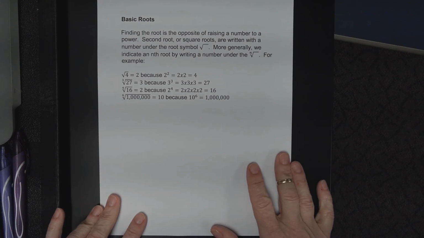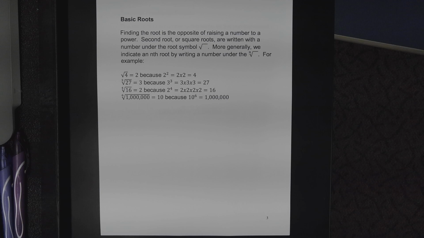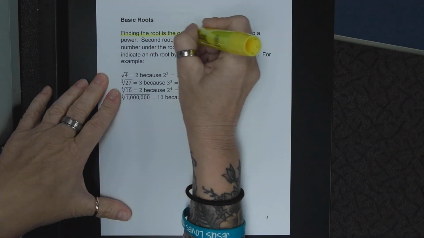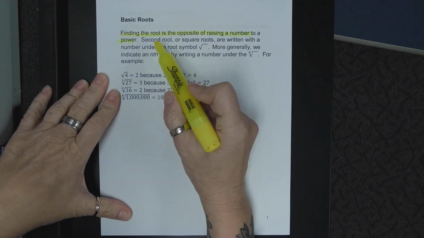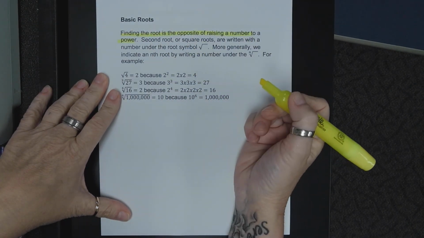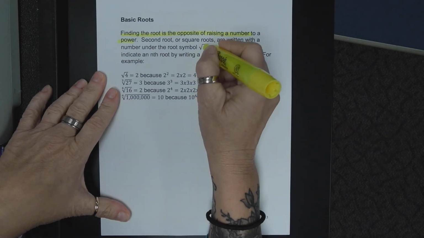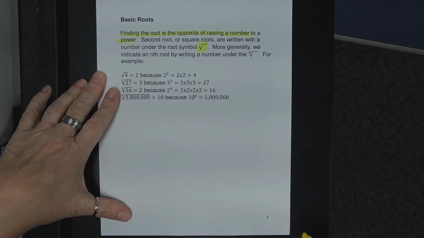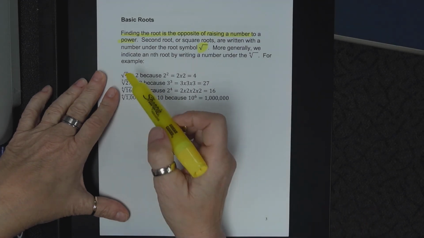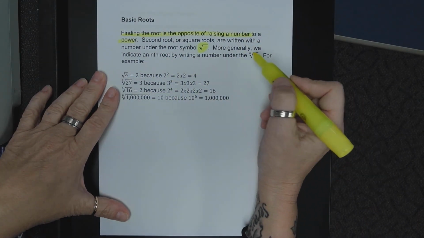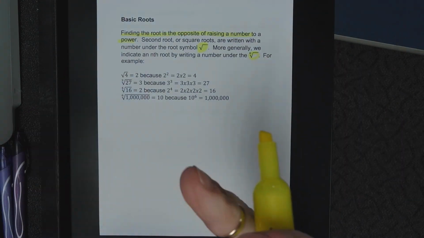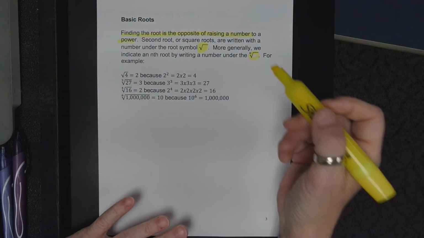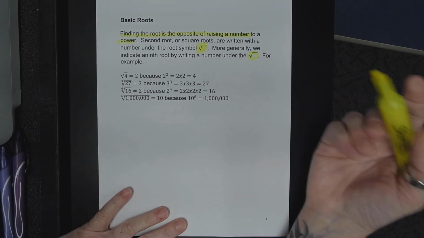Now, basic roots. Finding the root is the opposite of squaring a number. So a minute ago we talked about how 2 squared was 2 times 2, right? So now we're going to talk about roots. The second root, or the square root, is given with the number under this symbol, okay? More generally, we indicate the nth root by writing the number under this symbol. So anything larger than a square root, we could just put that number in place of this n.